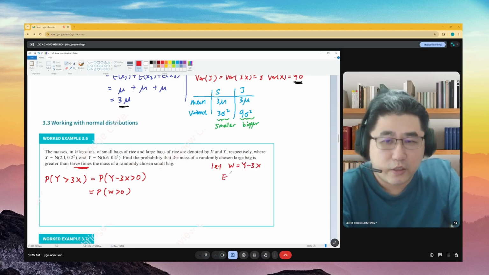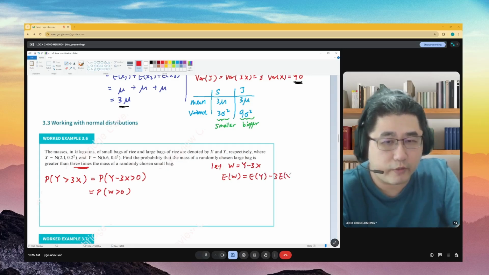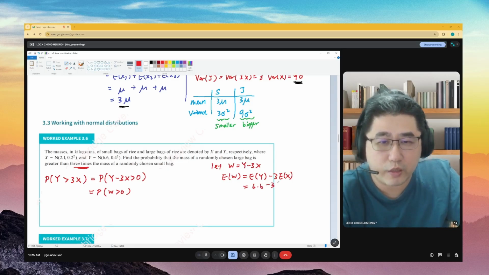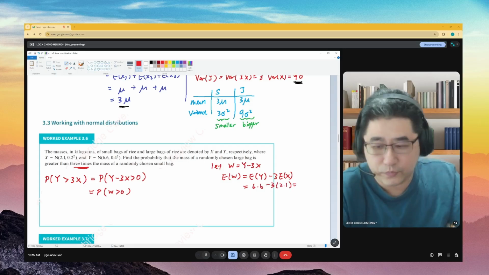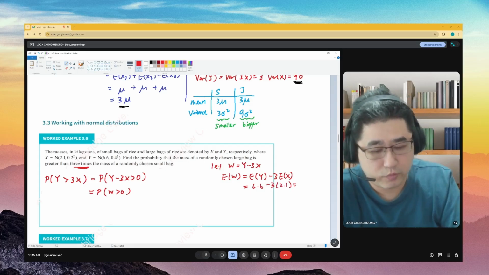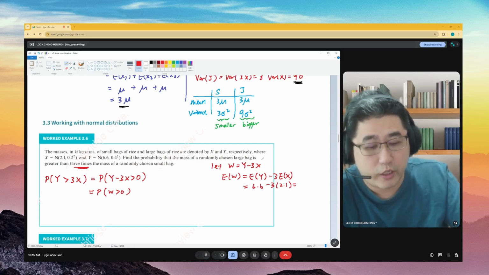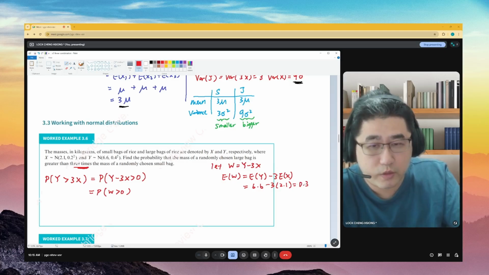So I have the expected value of w, which gives me expected value of y minus 3 times expected value of x. That gives me 6.6 minus 3 times 2.1. I have the value 0.3.